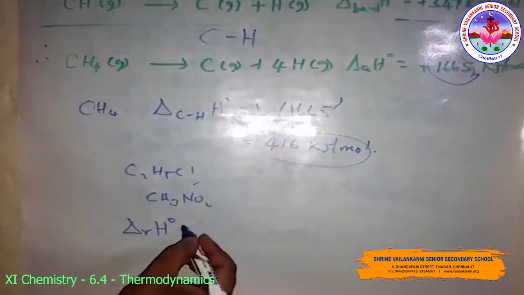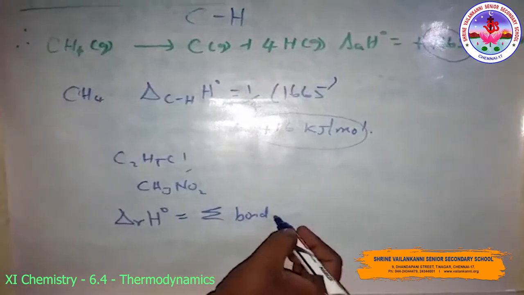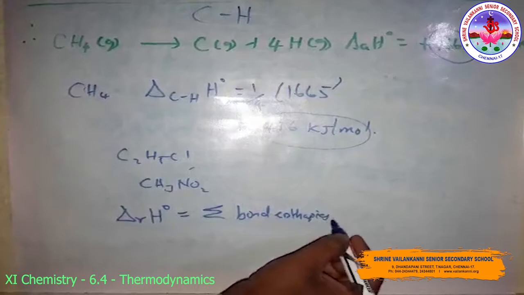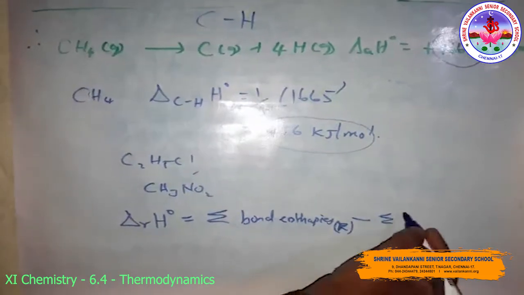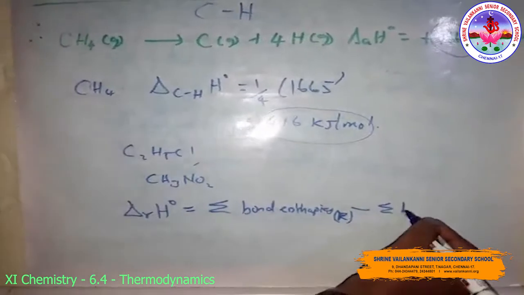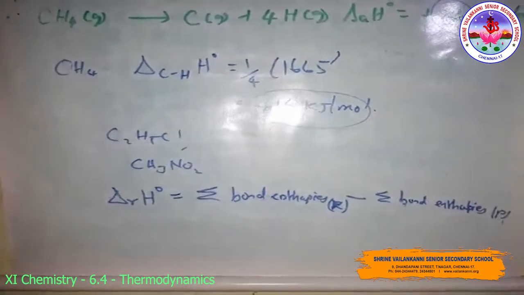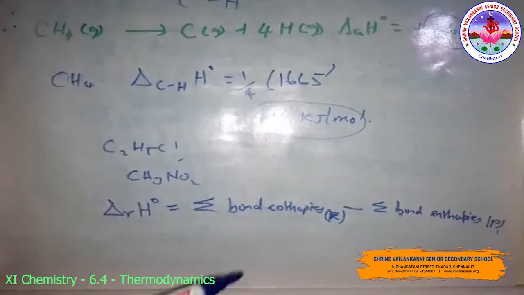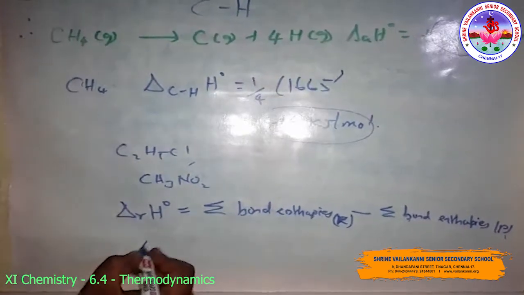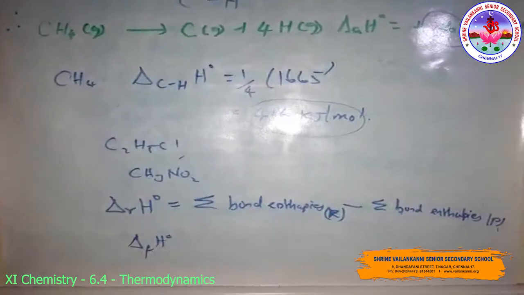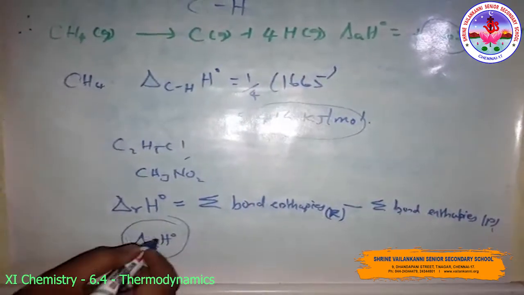So the enthalpy of a reaction is equal to the summation of bond enthalpies of reactants minus the summation of bond enthalpies of products. This relationship is particularly useful when the required value of the standard enthalpy of formation is not available.